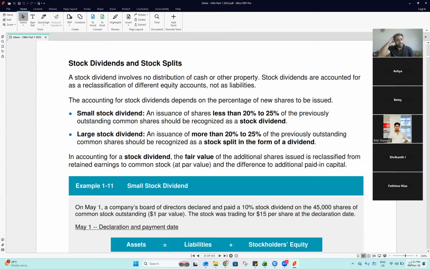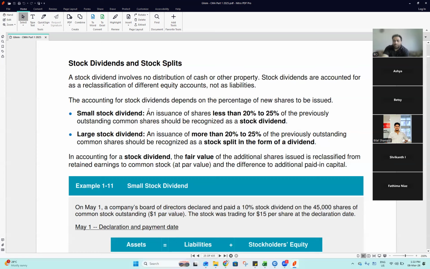Okay. Then we will be discussing stock dividend and stock split also. Stock split is where, okay, let's finish the stock dividend first. The stock dividend involves no distribution of cash or other property. Stock dividends are accounted for as a reclassification of different equity accounts, not as liabilities.